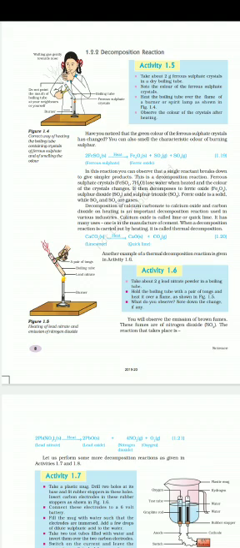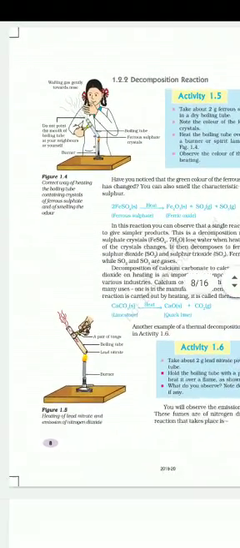If I apply energy in terms of electricity, it is called electrolytic decomposition. And in terms of sunlight, it is called photolytic decomposition.